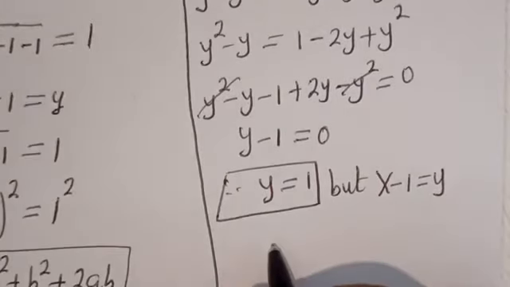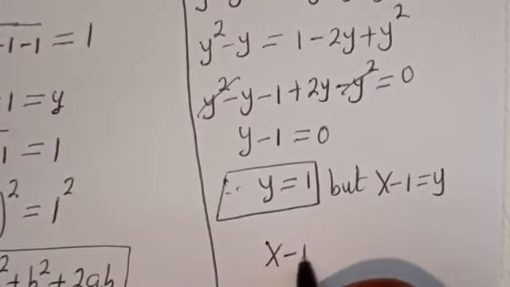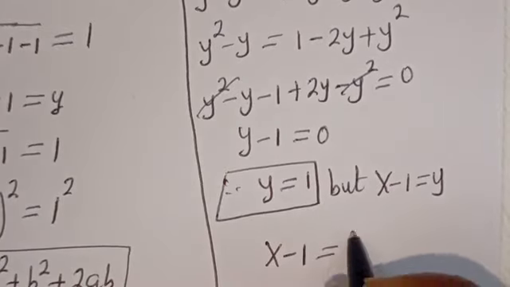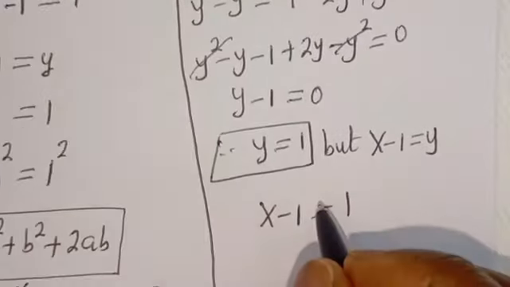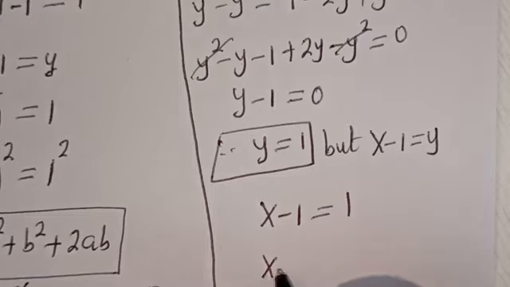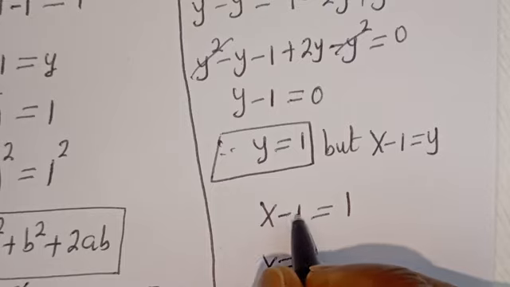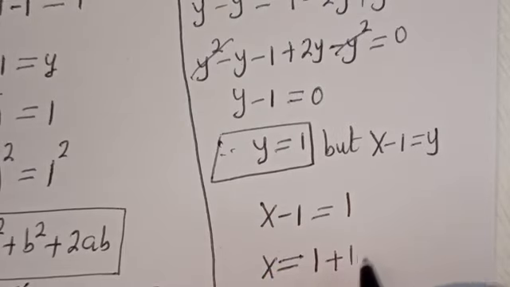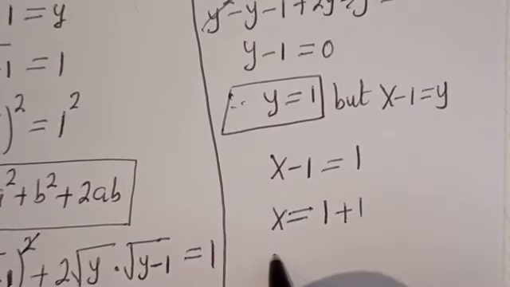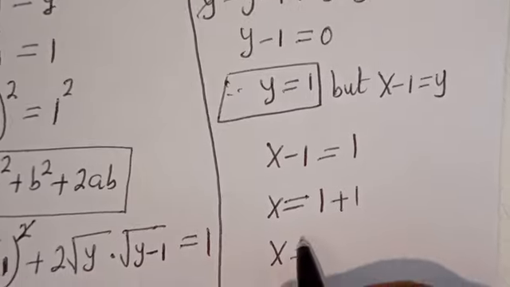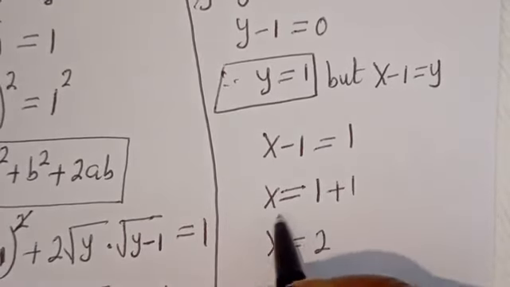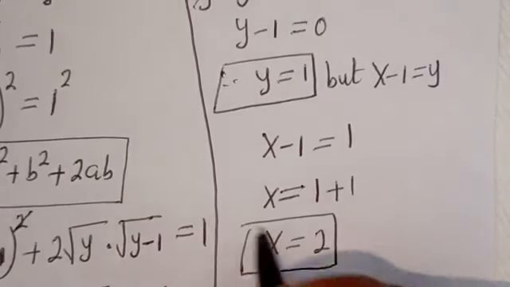So here we have x minus 1 is equal to 1, because we are looking for the value of x. If you take this minus 1 to this side, it becomes plus 1. Then x is equal to 2, and this is the value of x.